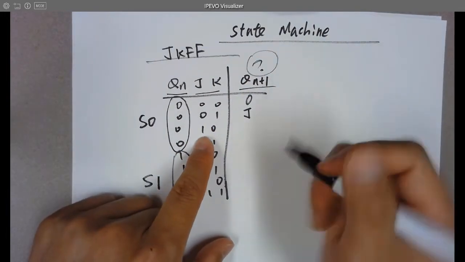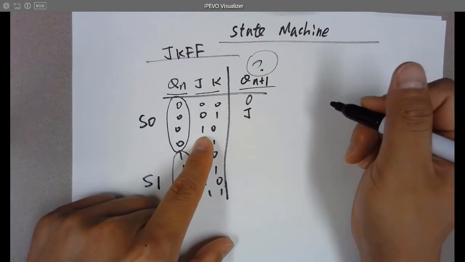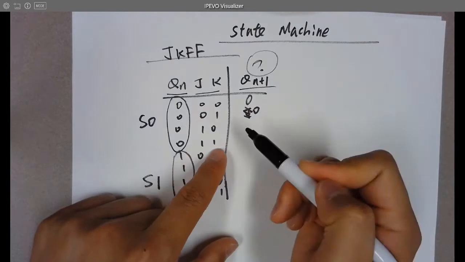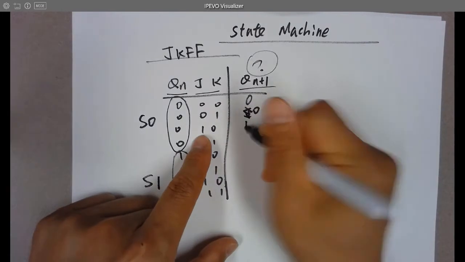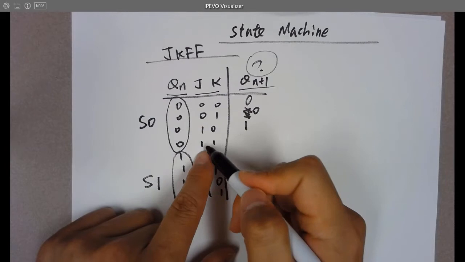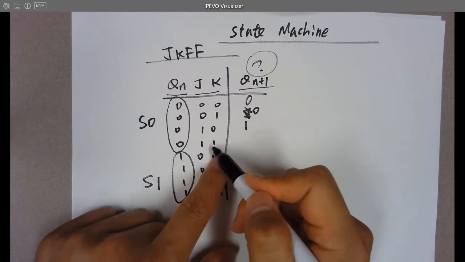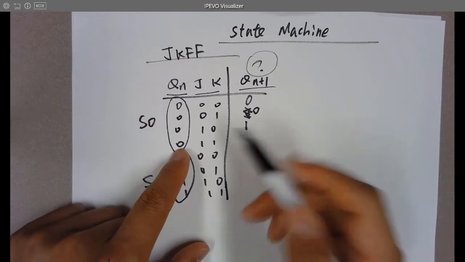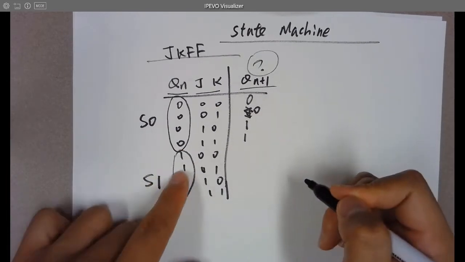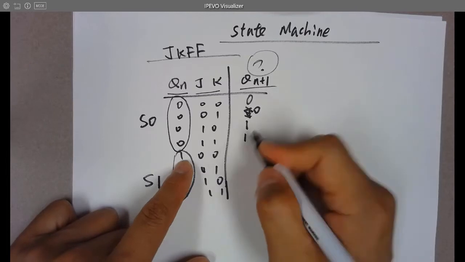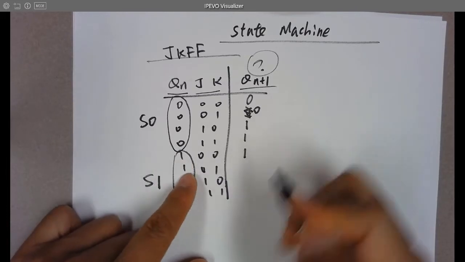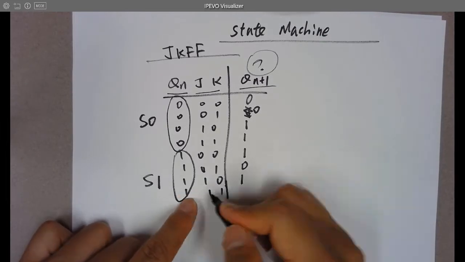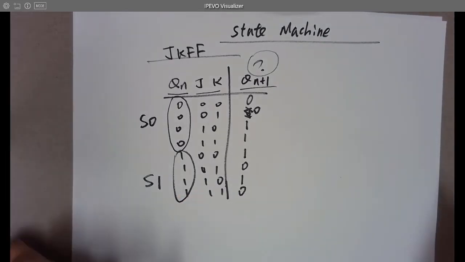And what is J? It's 0, right? If J is 1, it's going to pass 1 to it. If both JK are 1s, then it's going to toggle the previous state. So we are going to get a 1 here. And when both JK are 0, it memorizes the previous state, and then pass J, and toggle. Okay, this is how we do that.